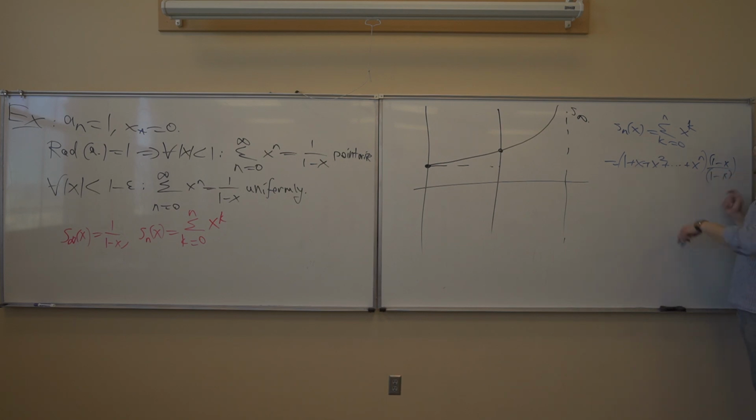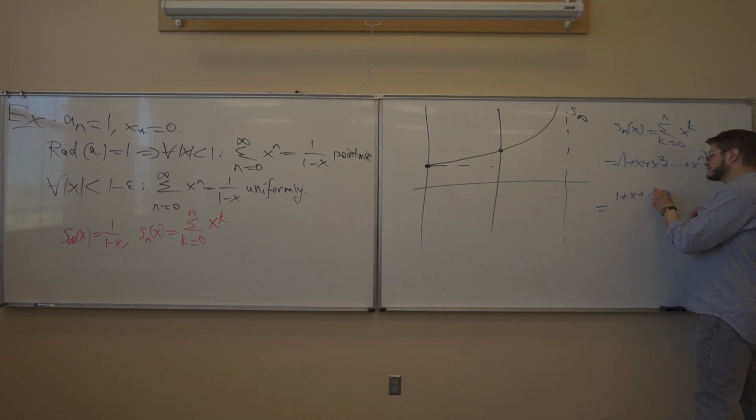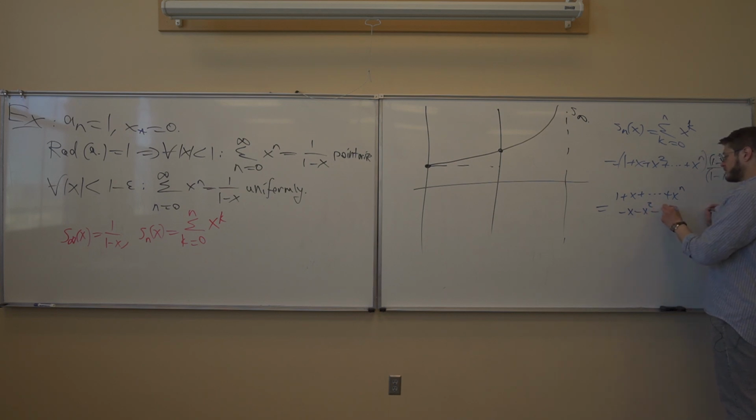Then opening the numerator, I have some cancellations. 1 plus x plus dot dot dot plus x to the n coming from this, minus x times x squared, minus x to the n plus 1. Minus x squared minus dot dot dot minus x to the n minus x to the n plus 1, divided by 1 minus x. Let's cancel. Then in the numerator, you're left with 1 minus x to the n plus 1 divided by 1 minus x.